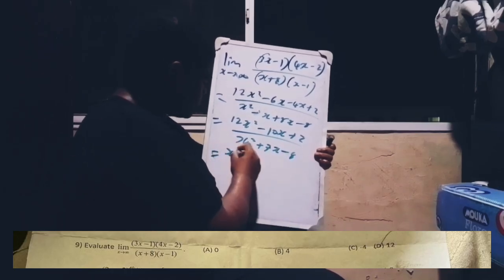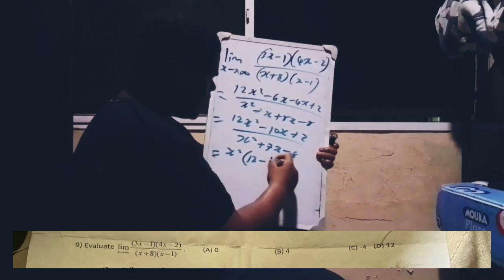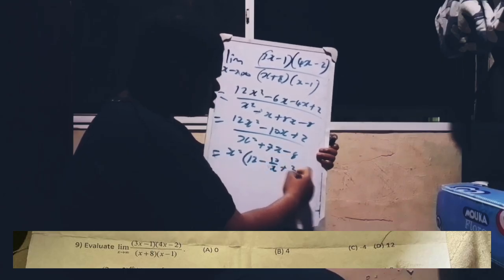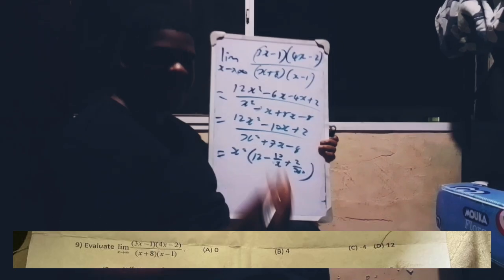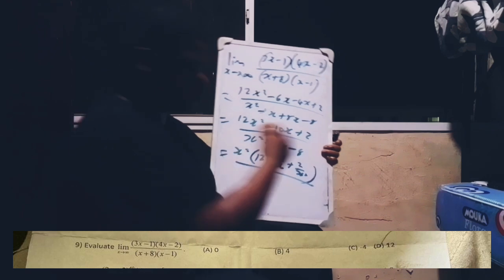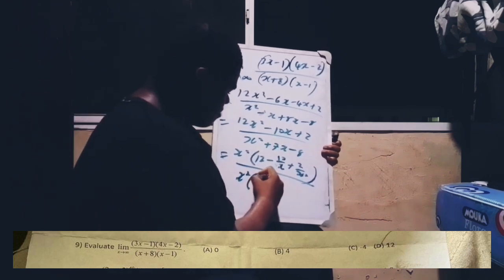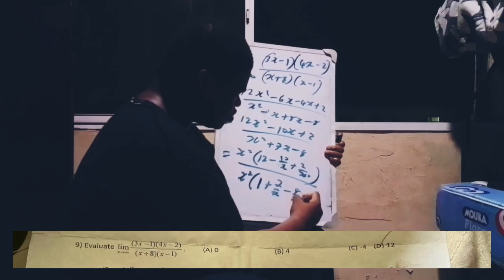This equals x squared times (12 minus 10 over x plus 2 over x squared), divided by x squared times (1 plus 7 over x minus 8 over x squared). What did I do here? You guessed correct: I factored out x squared from the numerator, and from the denominator also.